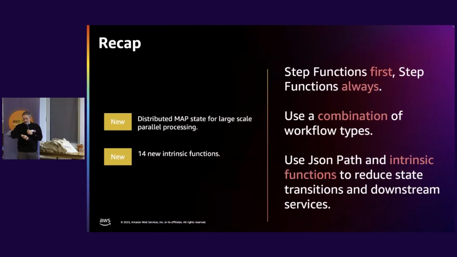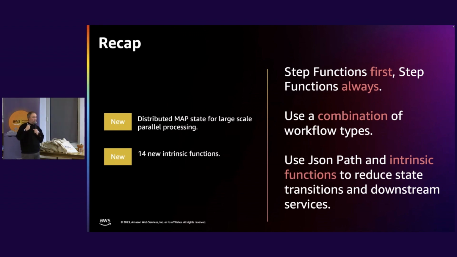Okay, so we covered a lot. We talked about distributed map state for large-scale parallel processing. We talked about intrinsic functions. There were 14 new ones, but I think in total there's about 40 intrinsic functions. These are little helper functions in Step Functions that mean you don't have to use Lambda for simple operations.